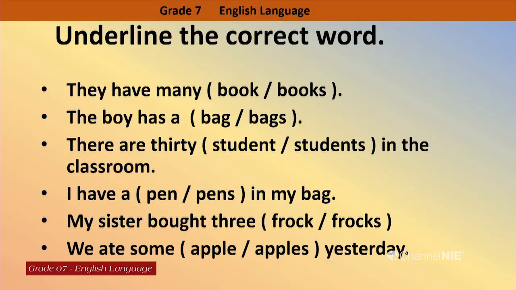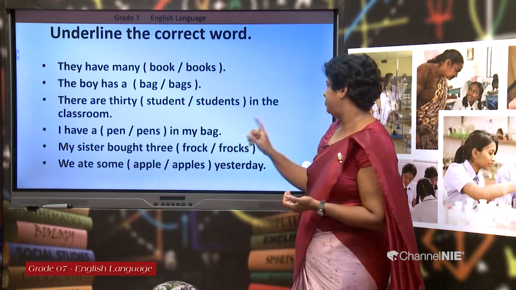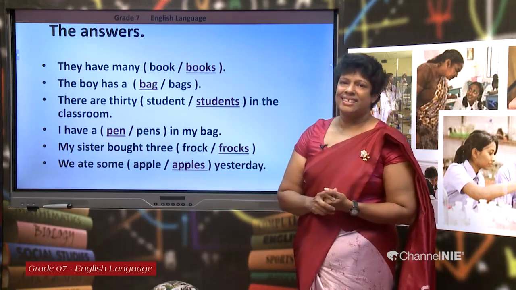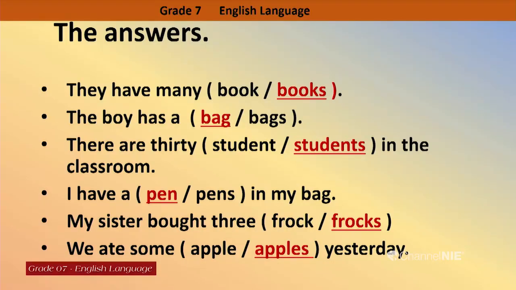Right. Now, we are going to check the answers. I hope by now you would have got all the answers correct. I hope your guesses are right. Now, let's see. They have many books.